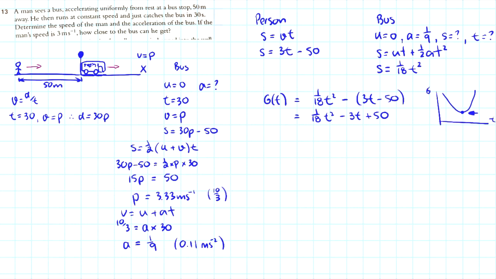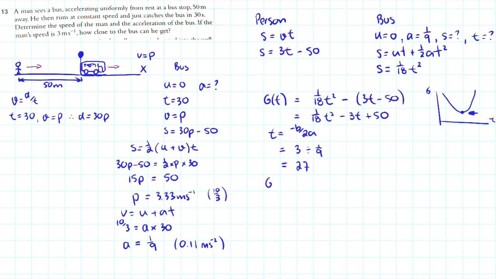For the turning point of the quadratic, t is negative b over 2a, which is equal to negative negative 3, which is just 3, divided by 2 times a. 2 times 1 on 18 is 1 on 9, and 3 divided by 1 on 9 turns into 3 times 9, which is 27. So the time is 27, and we have to work out the gap. We just put that back into the function.